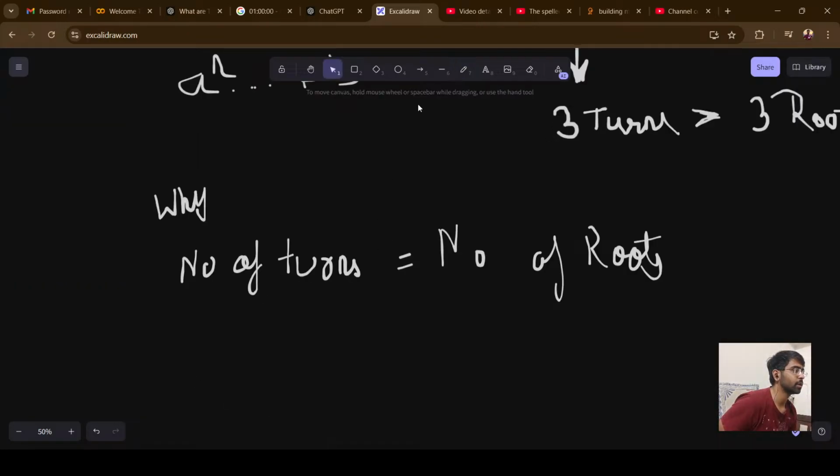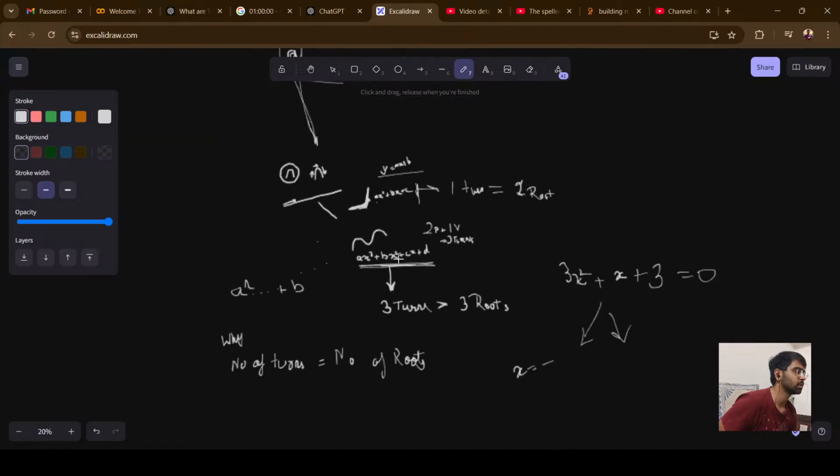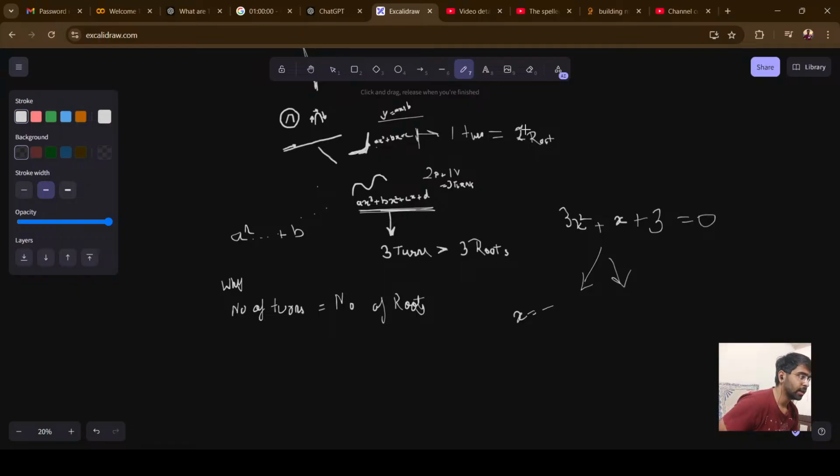Second thing that I wanted to understand more is why straight lines, why these lines are represented by polynomials.